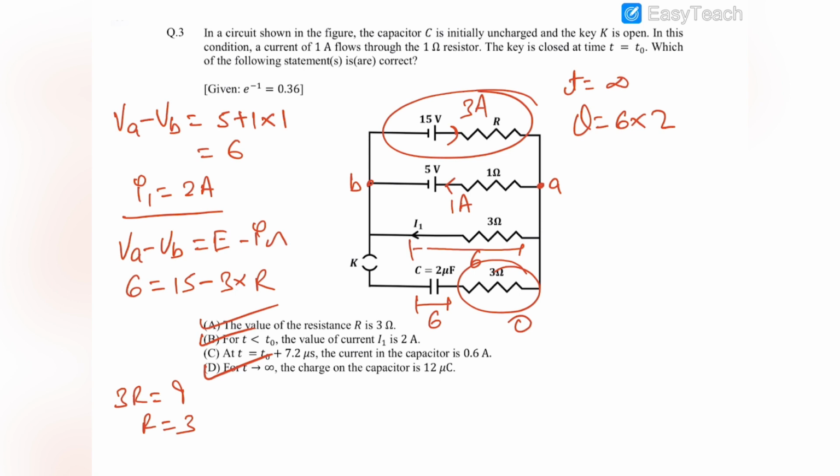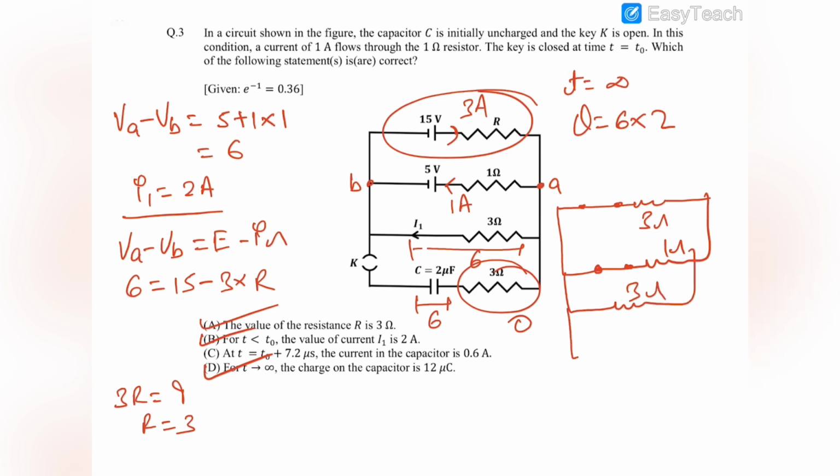We know that the value of RC. So let us find out the value of RC. To find out the value of RC, we have to short circuit all the cells. The value of R is 3 ohms, and this is 1 ohm, this is 3 ohm, and we have to open the capacitor and find out the R equivalent.